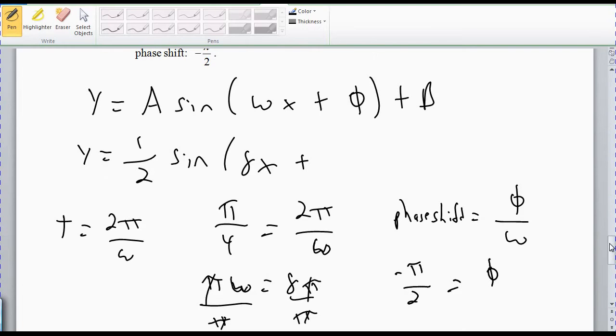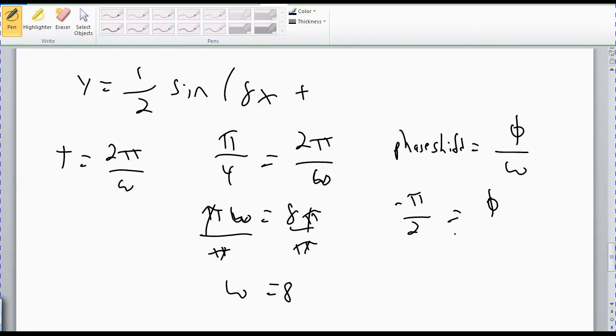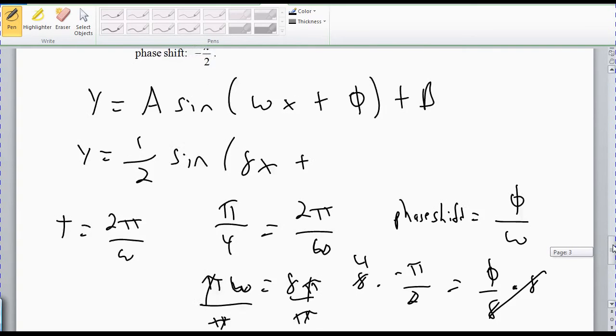Don't know the phi, but we do know omega, we just found it, and that's 8. Now this one we could also cross multiply, or we could just times both sides by 8. And when we do that, 2 goes into 8 4 times, and we're left with negative 4 pi.